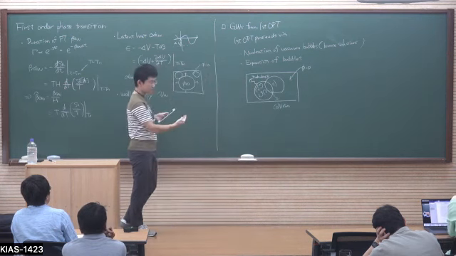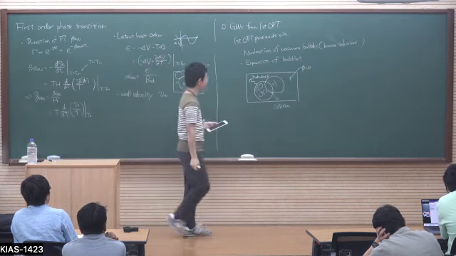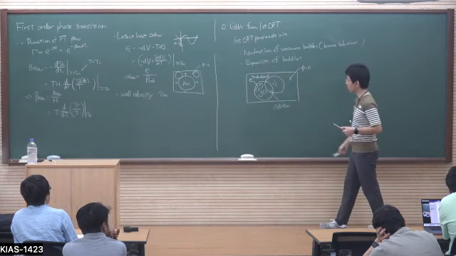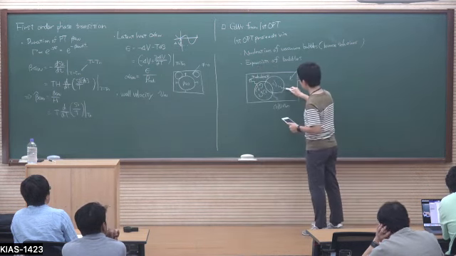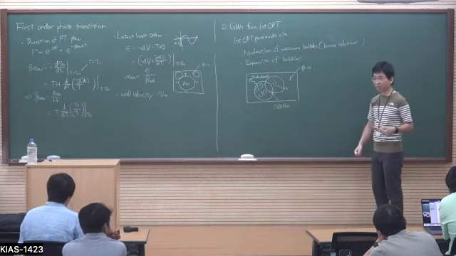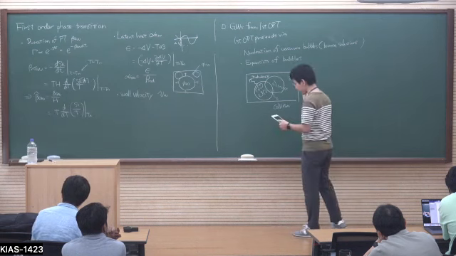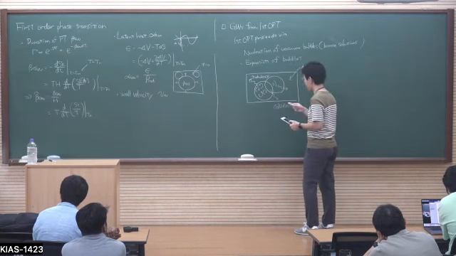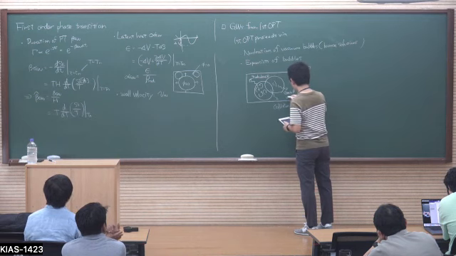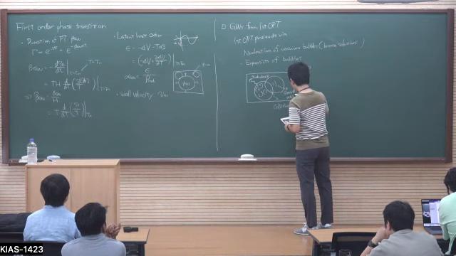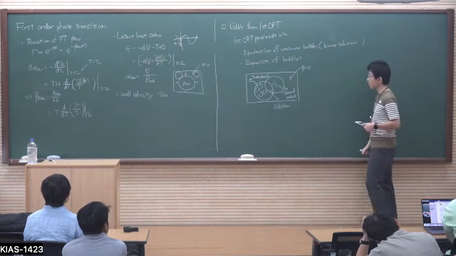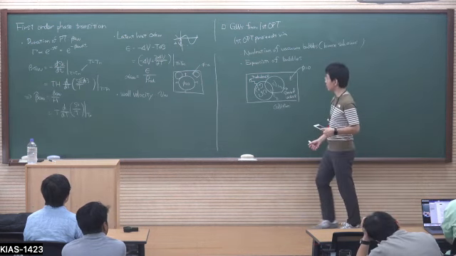And the third one: when the vacuum bubbles expand, sound waves are also produced. Then these sound waves also give gravitational waves. So these are the main sources of the gravitational waves produced by the first order phase transition.